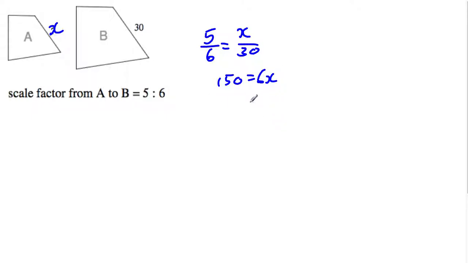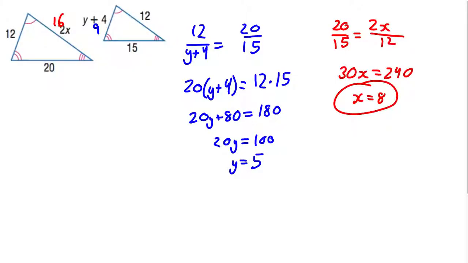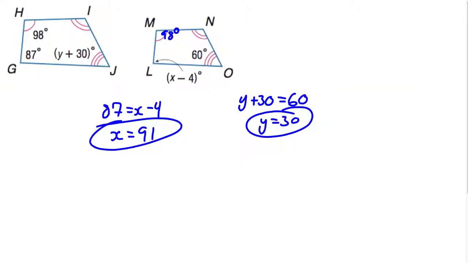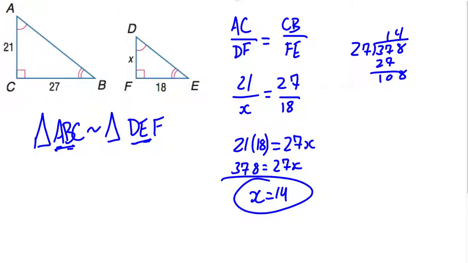We divide by 6, so we get that x is equal to 25. And that's it. So review proportions, review scale factors, understand that angles are congruent, but sides are going to be proportional. And that's really all you need to know about similar polygons and proportions for this chapter or section.